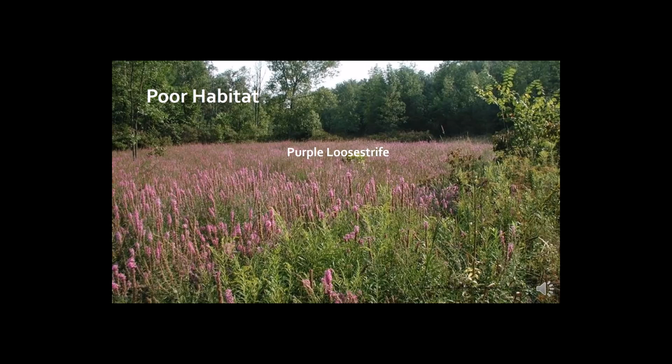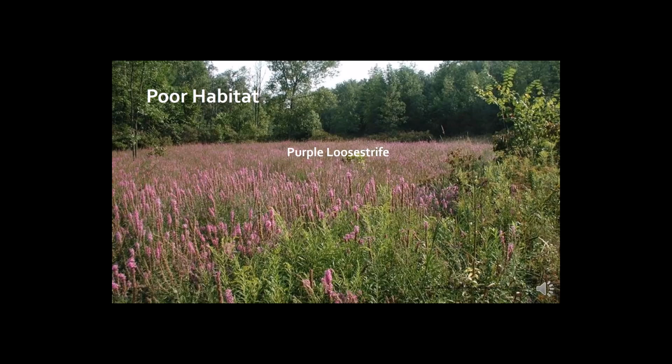Here's an example of a plant that provides poor habitat for pollinators, purple loosestrife. Purple loosestrife is a beautiful plant and it often grows in our wetlands. And while pollinators do use this plant, imagine what this wetland will look like shortly after the purple loosestrife stops blooming.